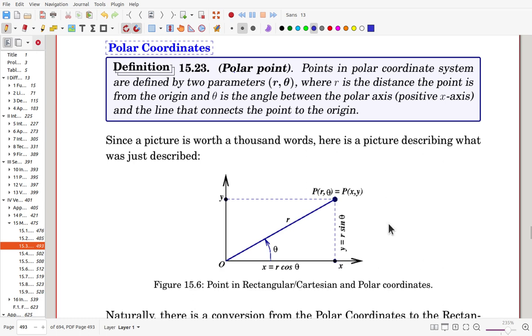For example, in this xy coordinate system, we have a point, for example, (1, 1). So that is a point P, and the x direction is 1, the y direction is 1.